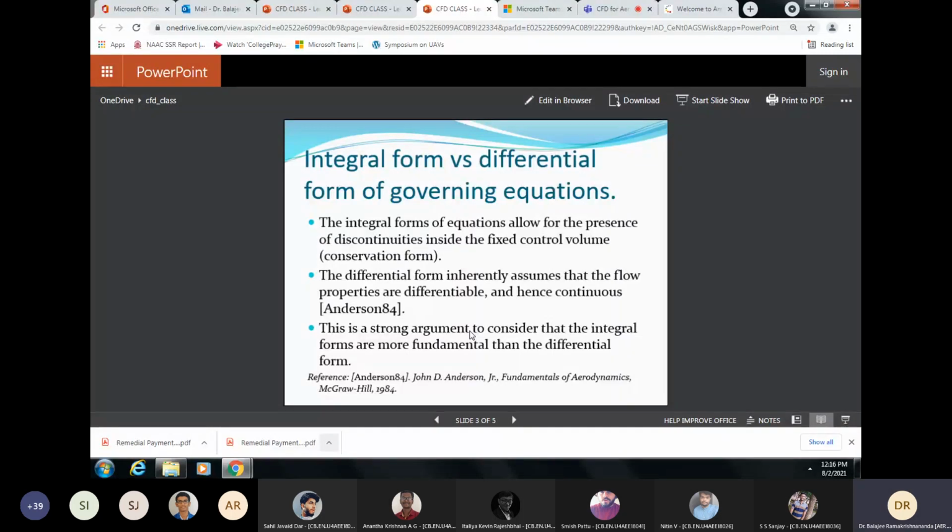Technically speaking, when you have a set of partial differential equations, continuity of the variables is assumed everywhere inherently. But when you do the integral form, you are looking at a control volume. So even if the function is discontinuous inside the volume, you can piecewise integrate and add them.